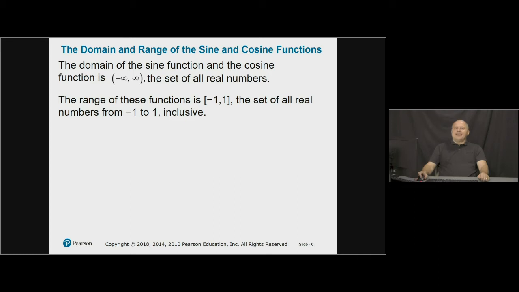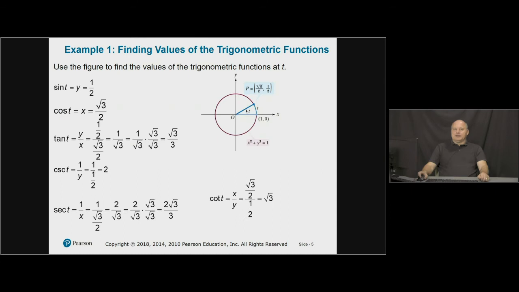Now, let me explain why it is what it is by going back to the original picture here. If you look at that unit circle, if you remember, the sine of t is the y-coordinate, right? So it's always going to be defined, because no matter what the angle is, between 0 to 360 degrees or whatever, it will always be defined.